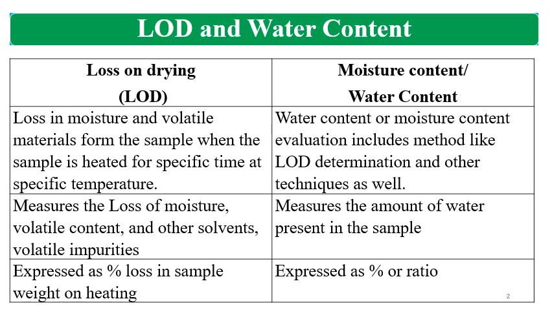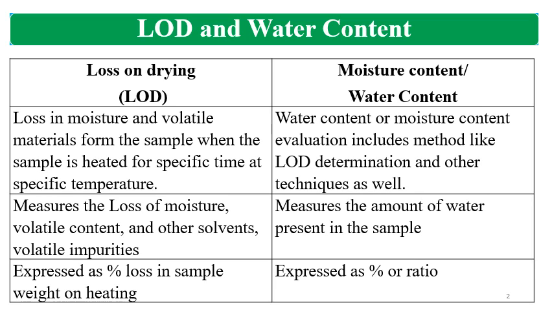while the water content or moisture content evaluation includes methods like LOD determination and other techniques like water by KF. So KF titration is the methodology used to determine the water content. LOD determines the loss in weight from the sample when it is heated for a specific time.